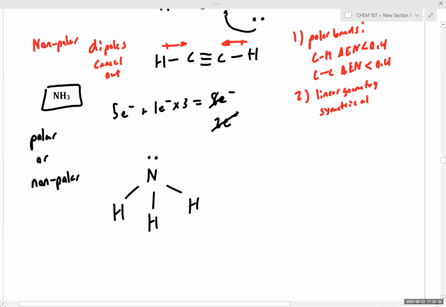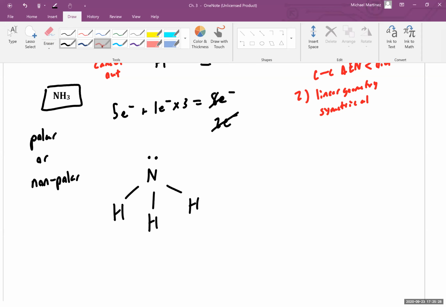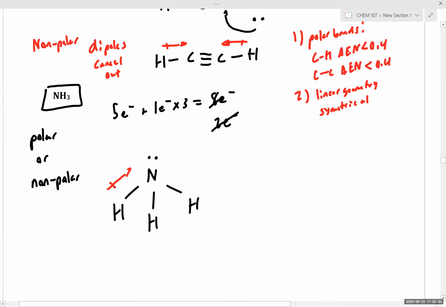Now, to think about whether or not we have polar bonds, we do have polar bonds. Nitrogen is more electronegative, and all of our bond dipoles are pointing towards nitrogen. So we have polar bonds, and we also have a lone pair on the central atom.